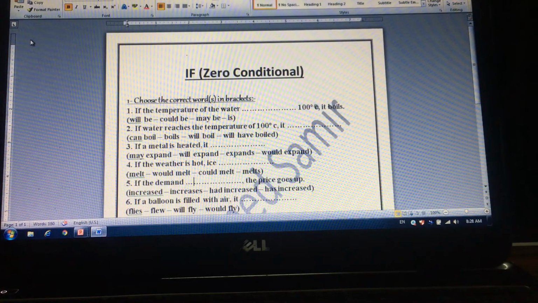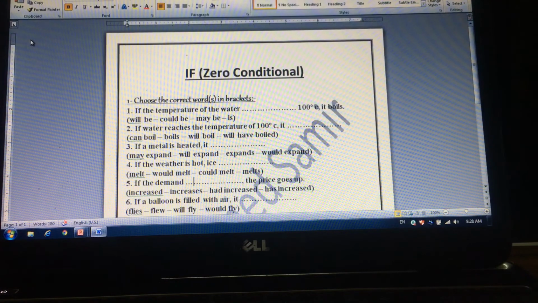Yes, of course, present simple, as we said before. Will be, could be, maybe, is. So the answer will be is. Why? Because we have to use the present simple in both parts of the sentence, so we have to use is in the first part.